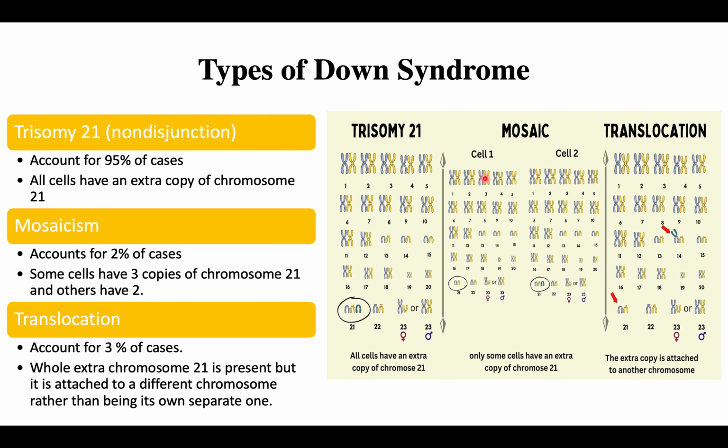In this one, some cells will have a normal number of chromosomes, and some cells will have an extra chromosome 21. And then in translocation, as you can see here, here's chromosome 21. However, the other extra chromosome has translocated, or moved, to a different chromosome.